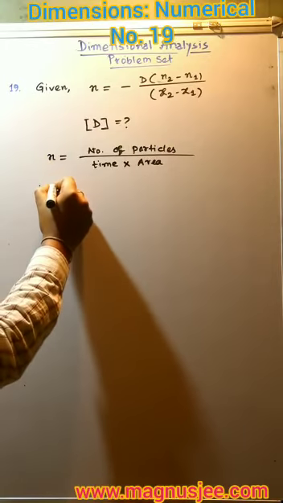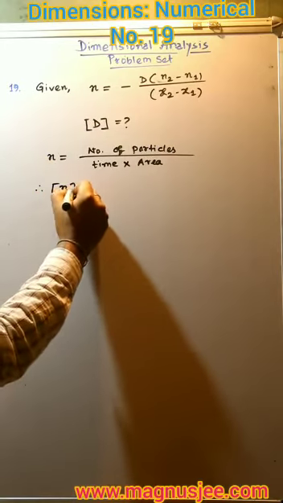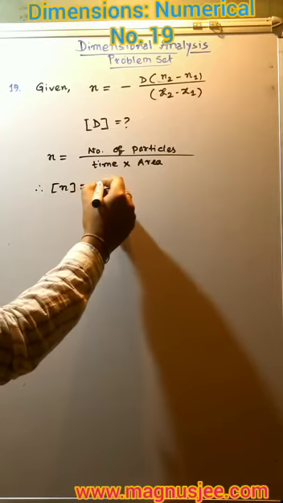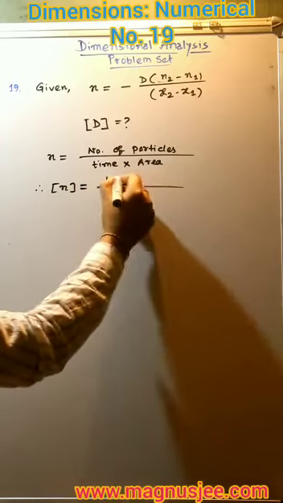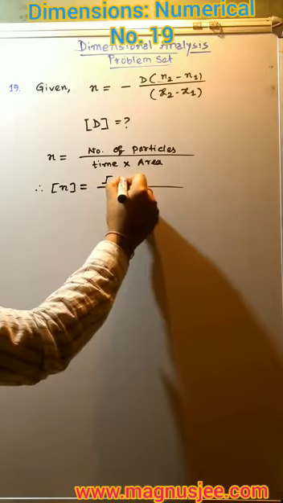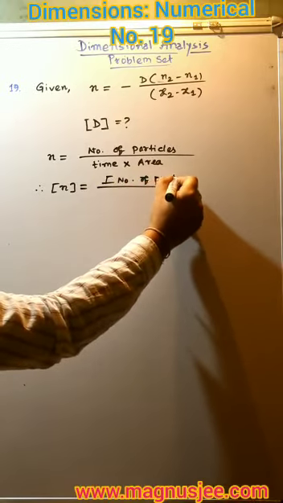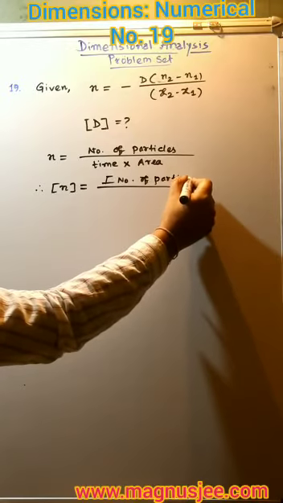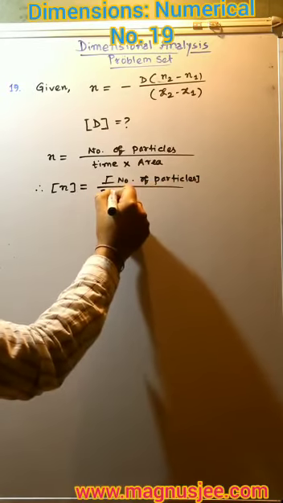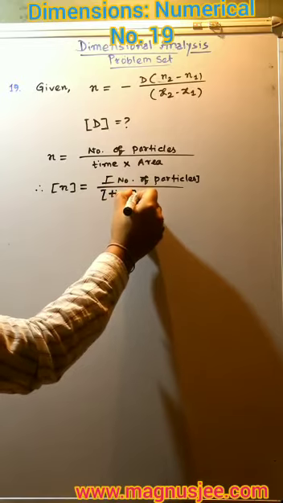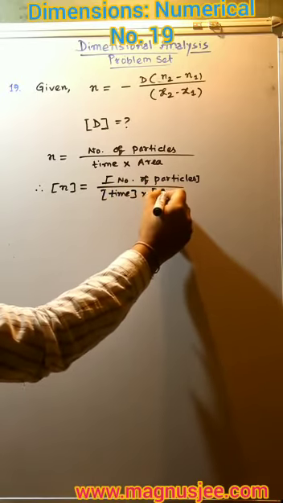So hence, what is the dimension of n? Dimension of n is the dimension of the number of particles divided by the dimension of time into the dimension of area.